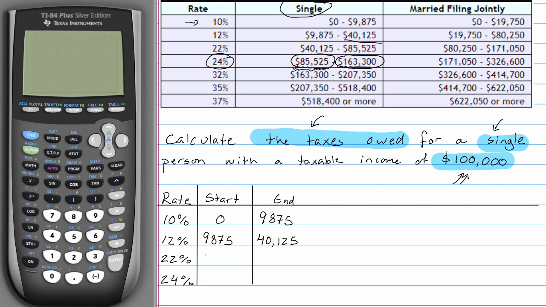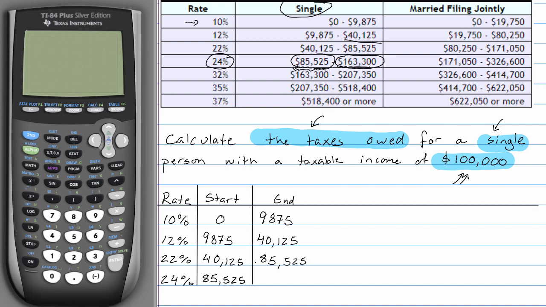If you make more than that, then you have to pay 22% up to $85,525. And if you make even more than that, you have to pay 24% beyond $85,525.